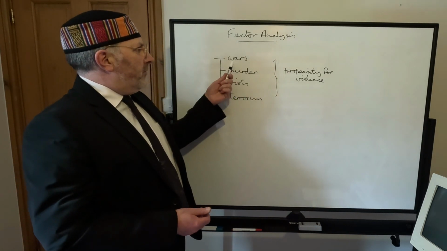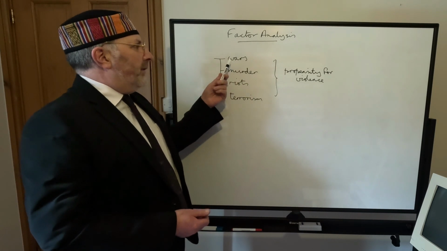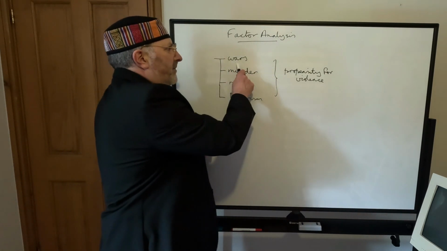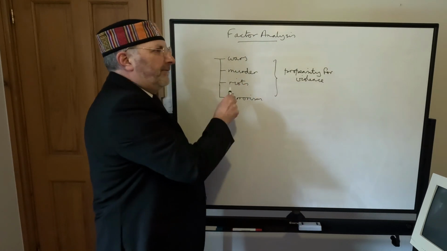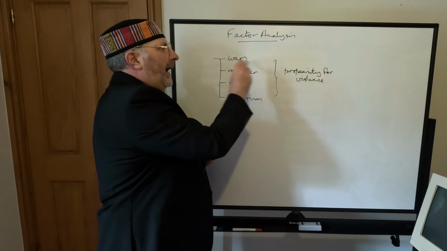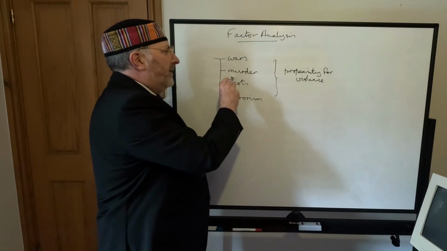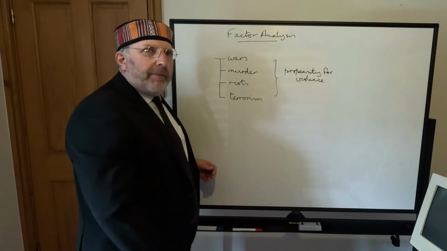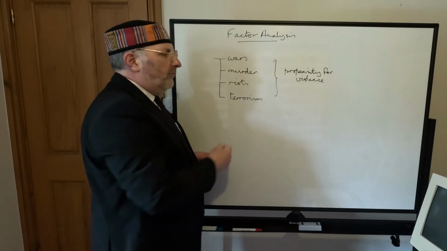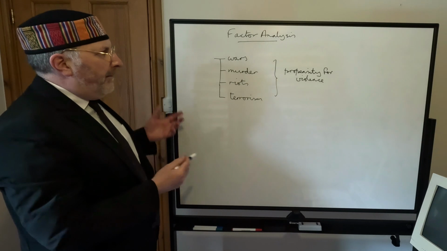And we're assuming that these reflect in some way that underlying propensity for violence, and we're wanting to find how they're related to it. So it might be, for example, that it's the murder rate that really captures the propensity for violence, and wars and riots are less important.